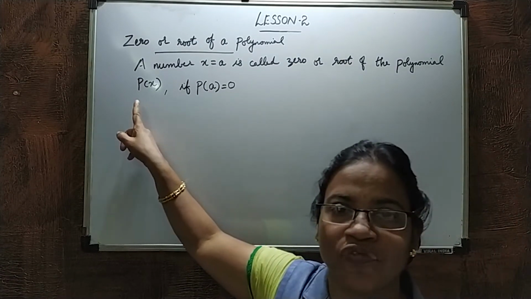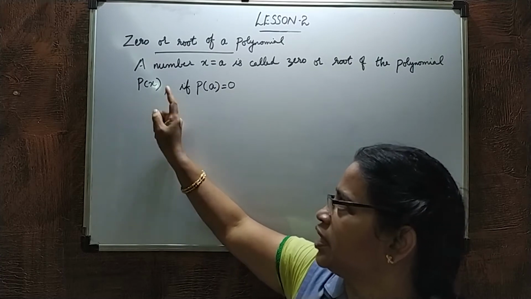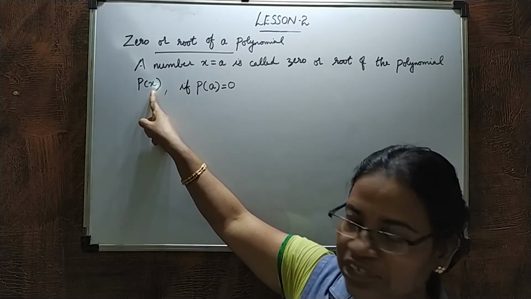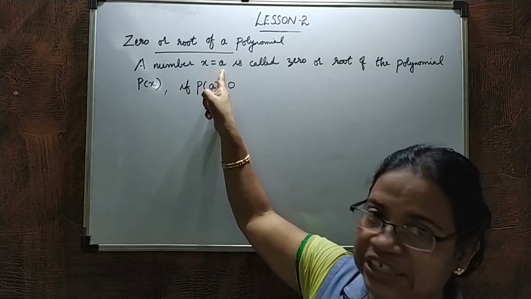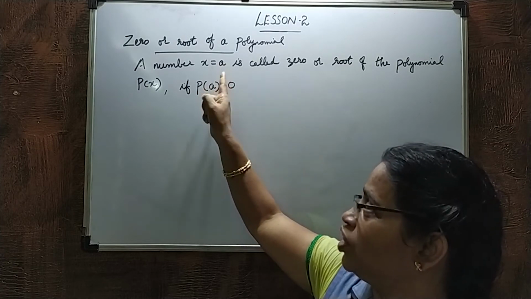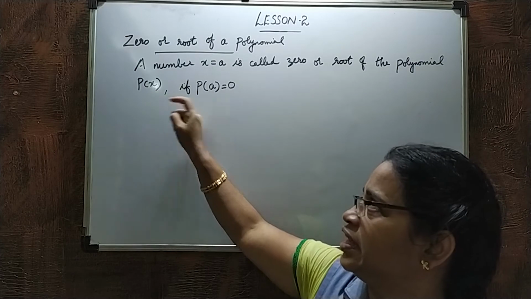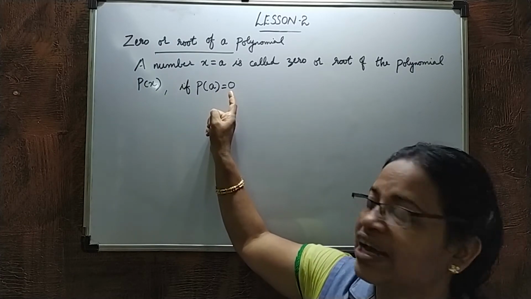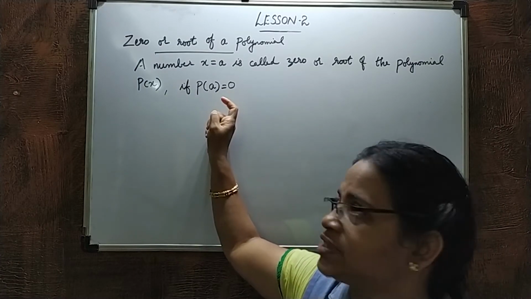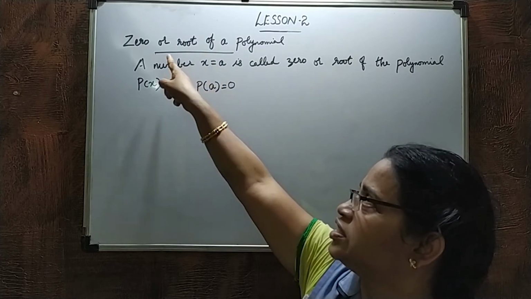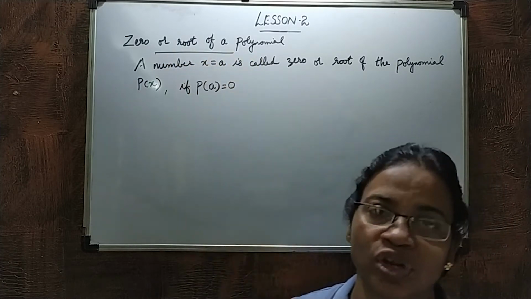So this is p of x, polynomial p of x. Instead of this x, you are going to substitute a there. Right? When you substitute a to p of x, if you get the answer 0, it means a is the 0 or root of the polynomial.